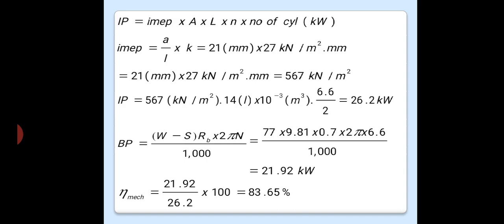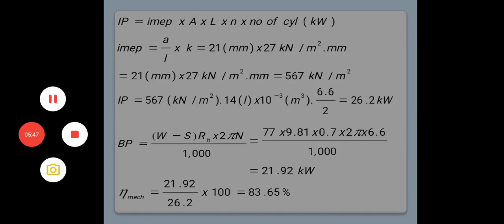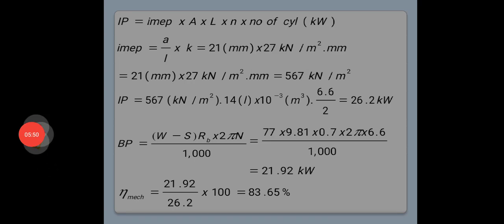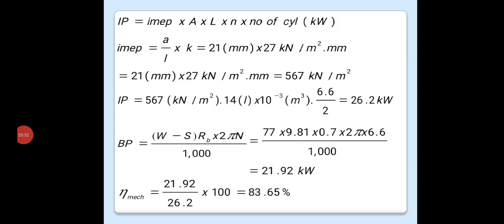Now multiplying the gravitational factor, that is 9.81. Next RB, 0.7. Next 2 pi N, and 6.6 they have mentioned. In this way we are going to calculate the brake power. So we got the brake power is equal to 21.92 kilowatt.